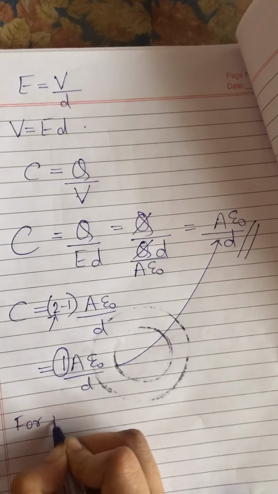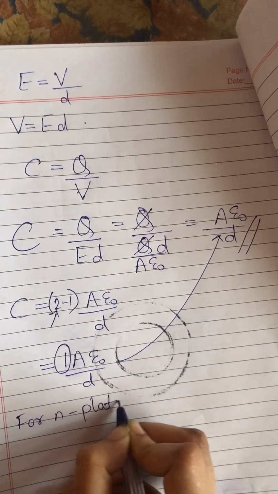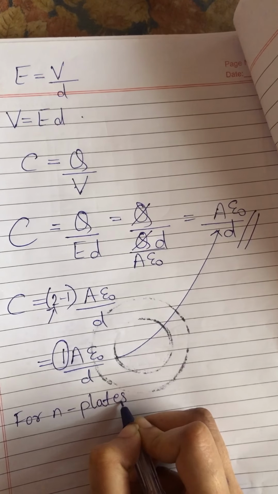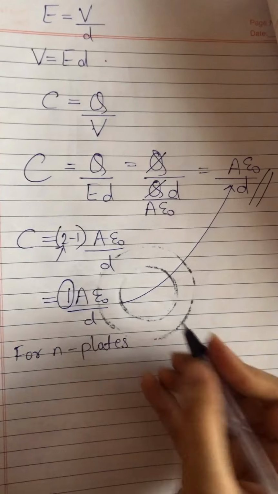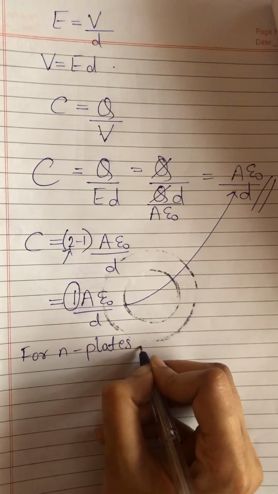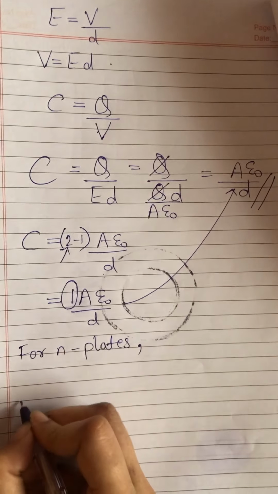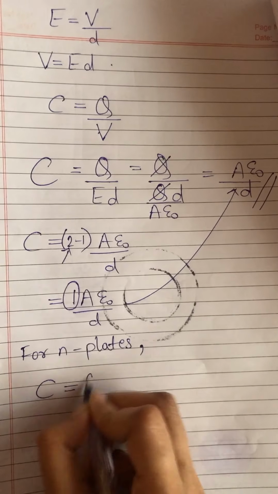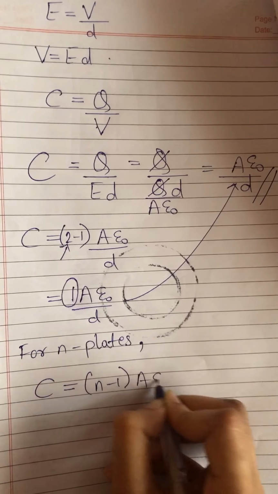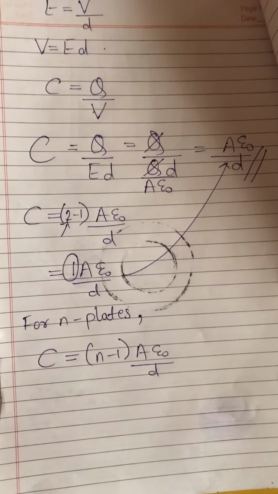For n number of parallel plates, the capacitance will be n minus 1 times A epsilon naught upon d, right?